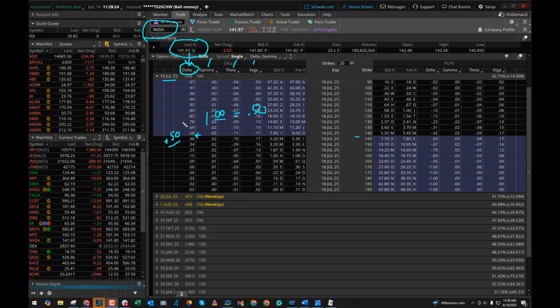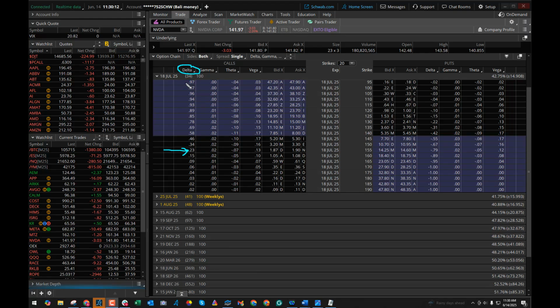So this would be deeper in the money and this would be deeper out of the money. And an interesting thing, this tells you price movement, but another way that we can use this is the delta can tell you the probability of the option expiring in the money or out of the money. For example, let me show you this. If we go down here, I'm just picking this, say 23, so it's a 23 delta option.